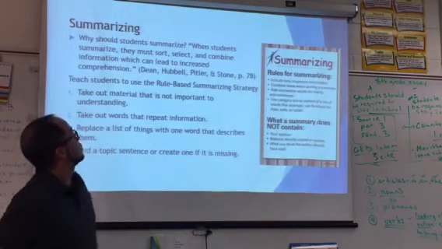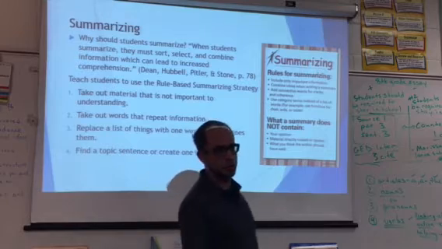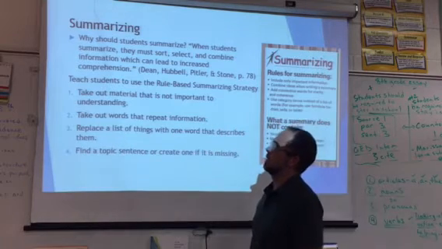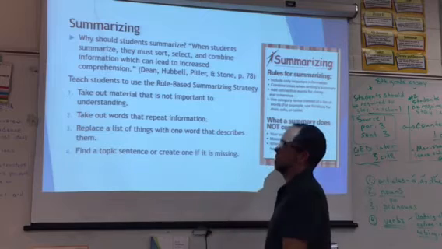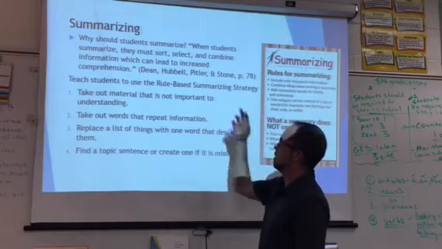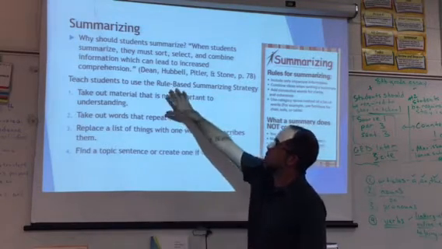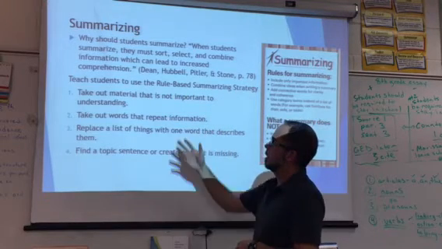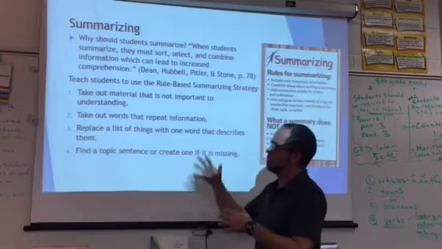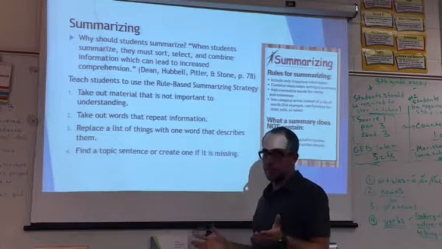Let's continue. Summarizing is another powerful strategy, and one that we use often in language arts. But it's important also to show kids how to summarize. To get better summarizing, I would follow the rule-based summarizing strategy that was included in our text. Here are the steps. You take out material that's not important to understanding.